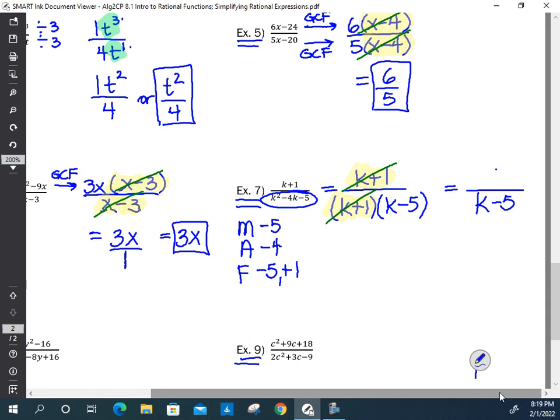So that means you're left with 1. Again, if the denominator clears out, you put a 1 down there. If the numerator clears out, you put a 1 up there. If something clears, you put the 1. So 1 over k minus 5 is your final answer for number 7.